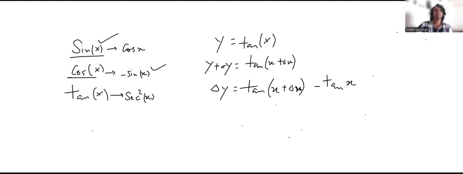And delta y by delta x is just this. Limit delta x tending to 0 on both the sides. That's the definition of the derivative.